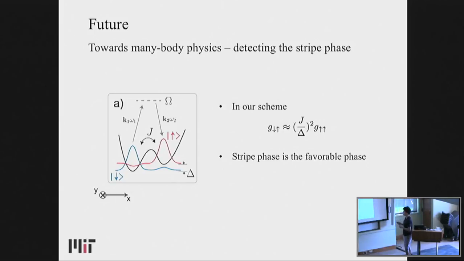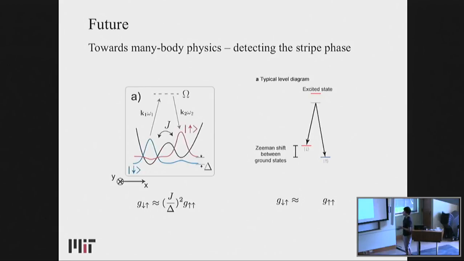But for our case, we can get it to even less than 1% of the intraspin interaction, which is another extreme of the system. So actually, for our system, we can imagine that the stripe phase is a favorable phase for us.